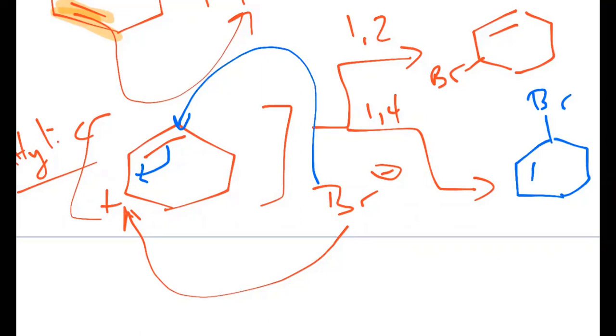Is that right? Does anybody not see how that's the 1,4 product? Any questions about that?